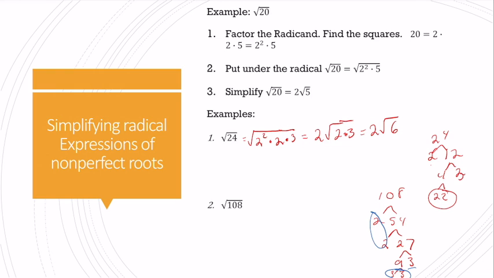So I can rewrite the square root of 108 as the square root of 2 squared times 3 squared times 3, all under the radical. That's going to leave me with 2, because square roots cancel squares, times 3, because square roots cancel squares, times the square root of 3. So I am left with 6 square root of 3. And we're going to get a lot more practice working with these going on. It's going to be really important for our next section.